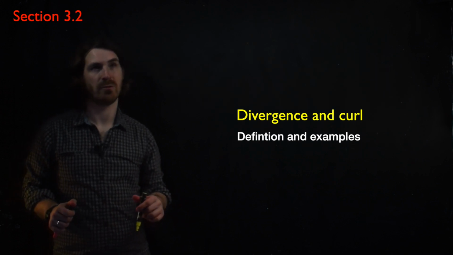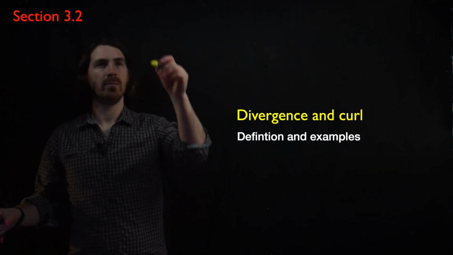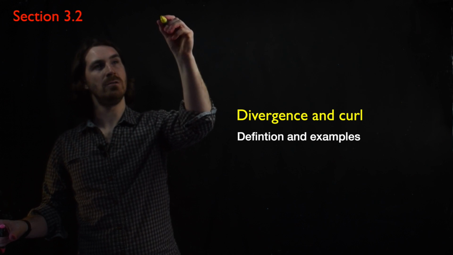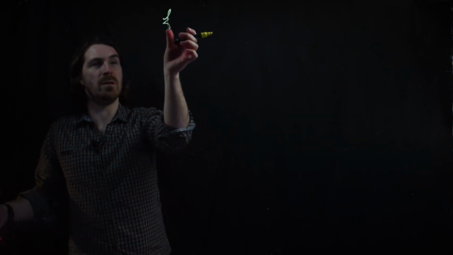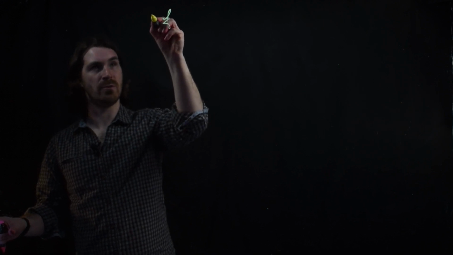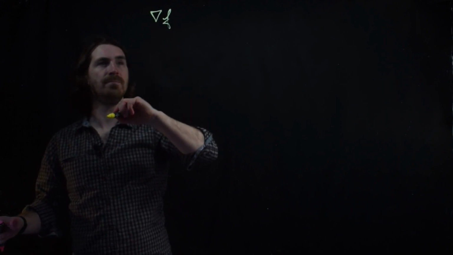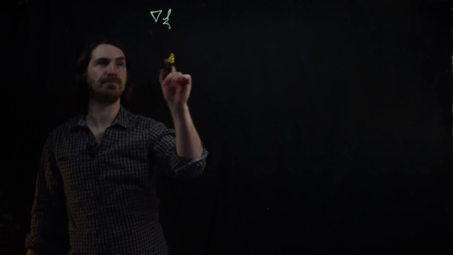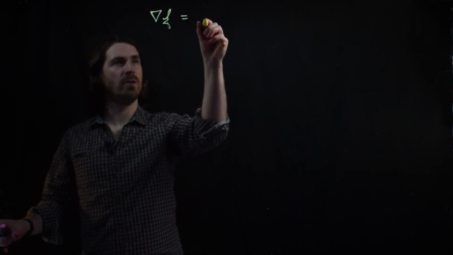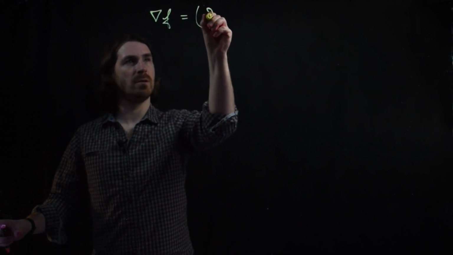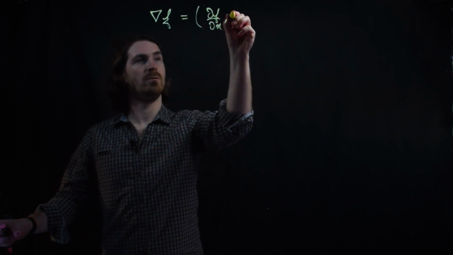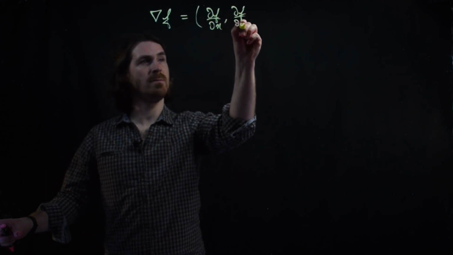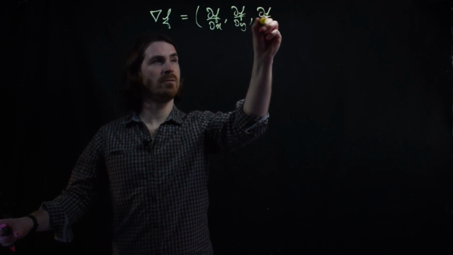Okay, so this is section 3.2, and previously we saw that if we had a scalar function, maybe the temperature in your room, you could take the gradient of it, and this is a vector. So the gradient of f we saw was a vector with x component df by dx, y component df by dy, z component df by dz.